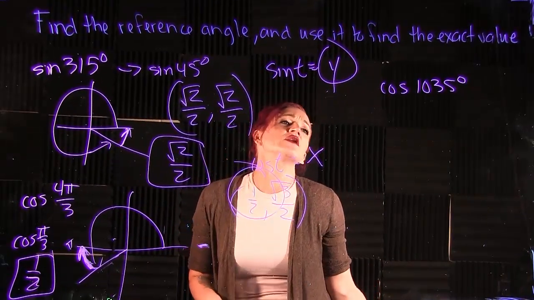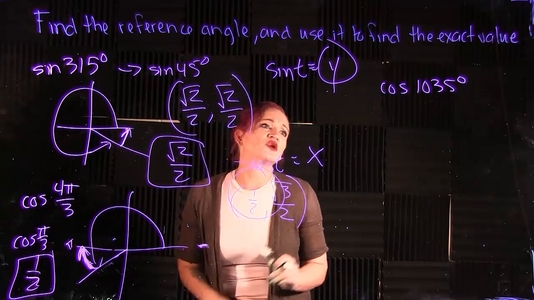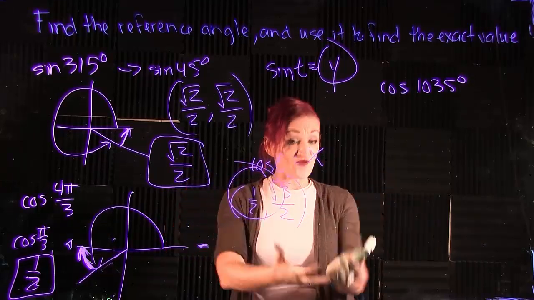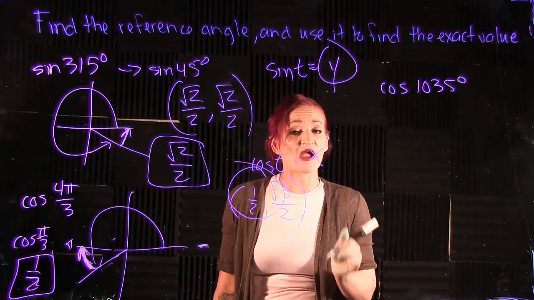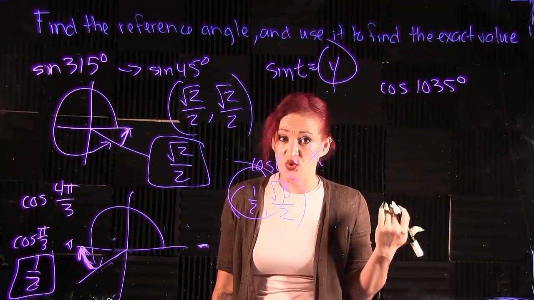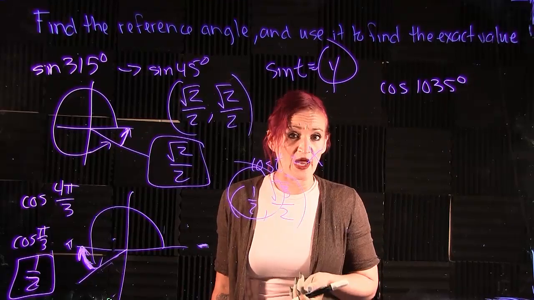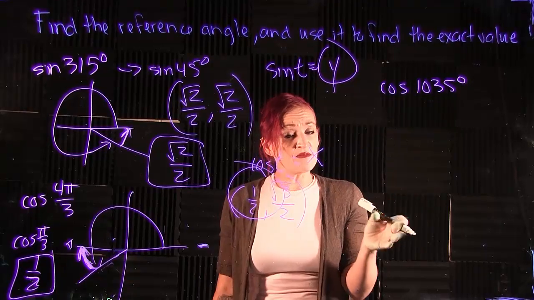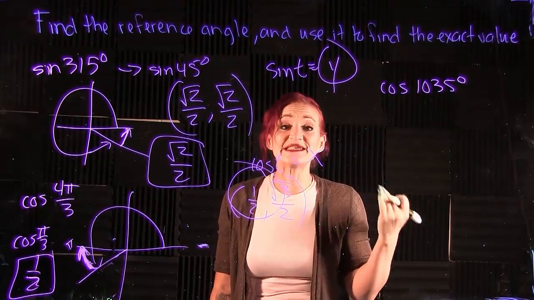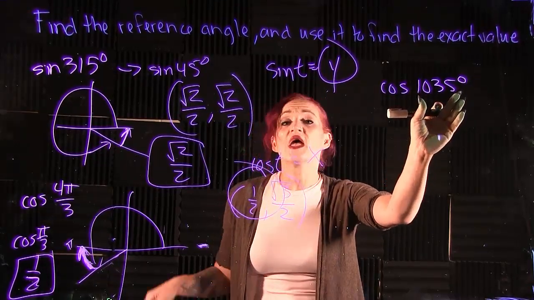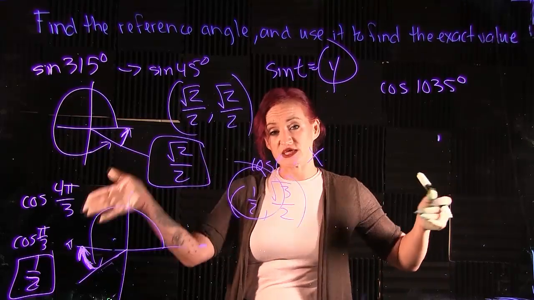Last example here: in order to find the exact value of the reference angle of cosine 1035, there are a couple of things we need to do. First off, the angle 1035 is too large. You want to find the coterminal angle for that, which means since this is a large angle in degree measure, you want to subtract 360 and continue to subtract 360 from 1035 until you get a measure between 0 and 360.